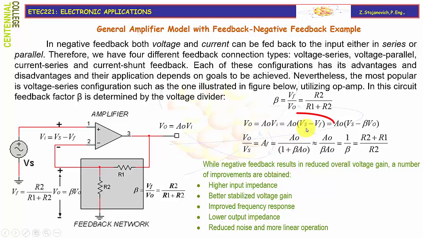Because VR now becomes a source signal, Vs, that's a useful signal we want to amplify, minus feedback signal Vf, the ratio can be written as no feedback open loop gain times Vs minus beta Vo, because as we said, feedback voltage can be given as a product of the feedback gain beta and the output voltage.